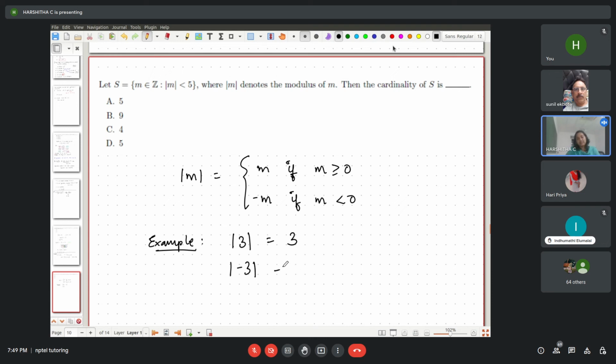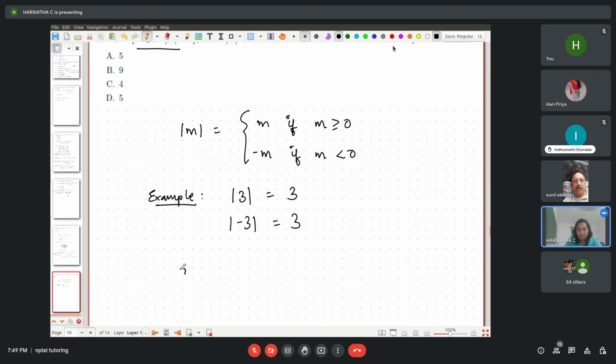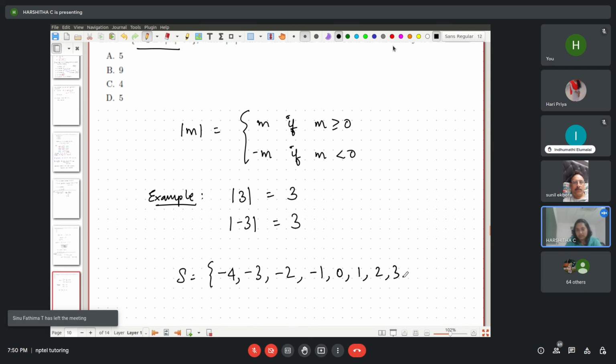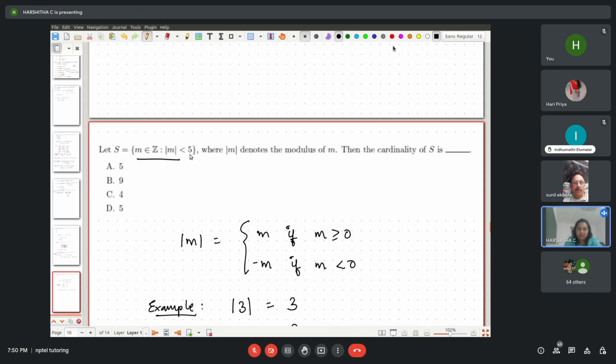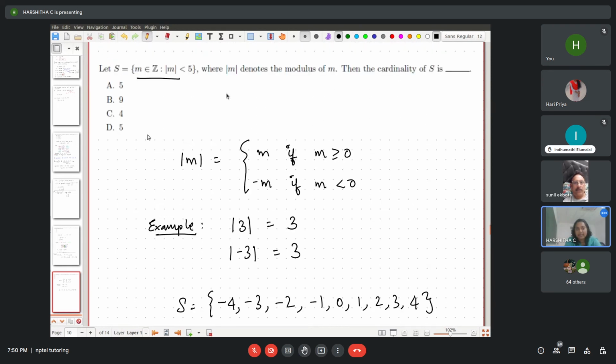The absolute value of minus 3 is 3. We're throwing away the negative sign. So we are looking at the set S, which is all the integers whose absolute value is less than 5. So what is S? You can have minus 4, minus 3, minus 2, minus 1, 0, 1, 2, 3, and 4. We're looking at strictly less than 5. So this has 9.